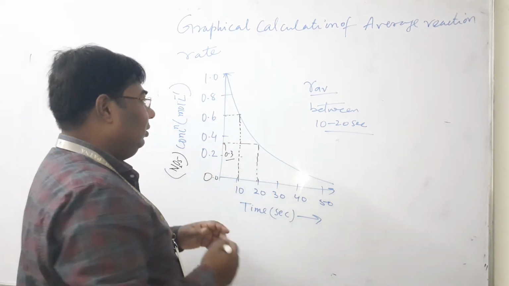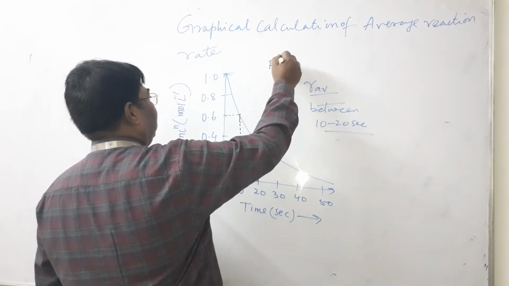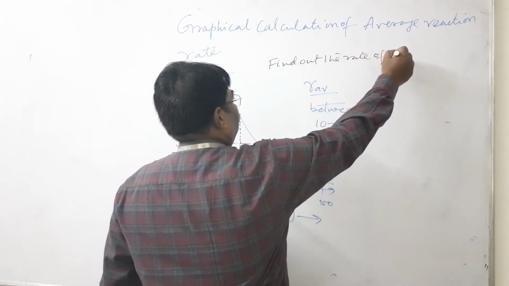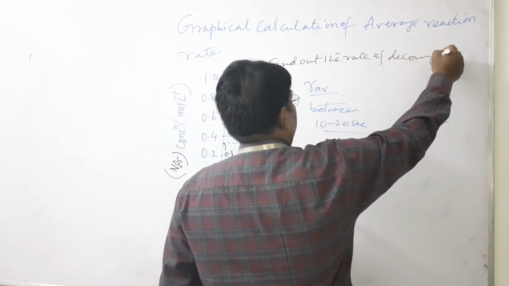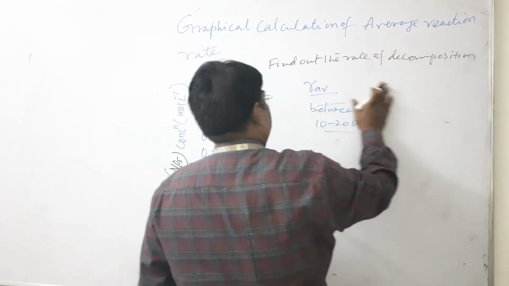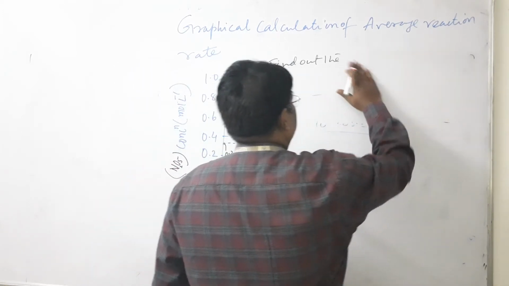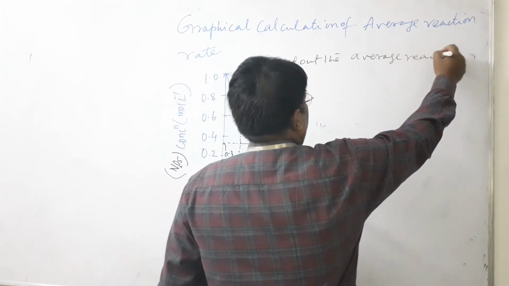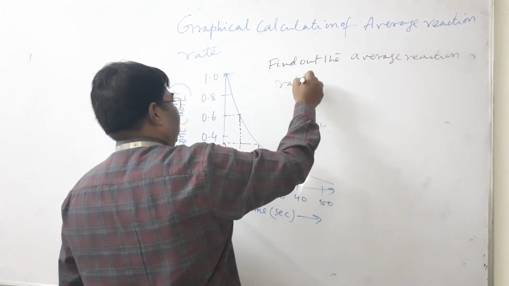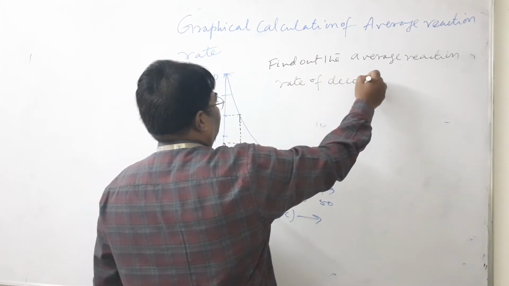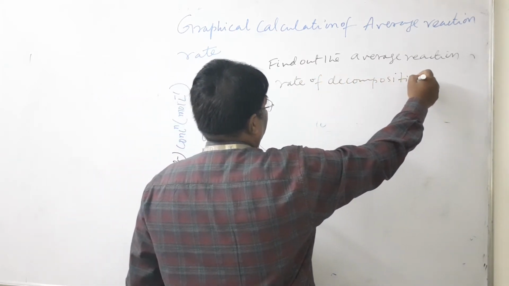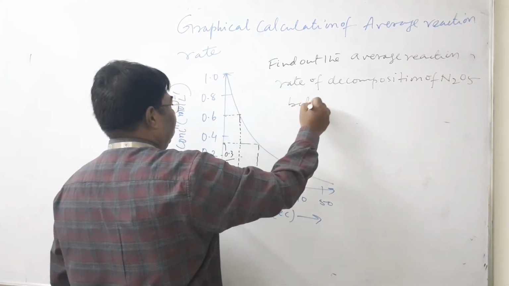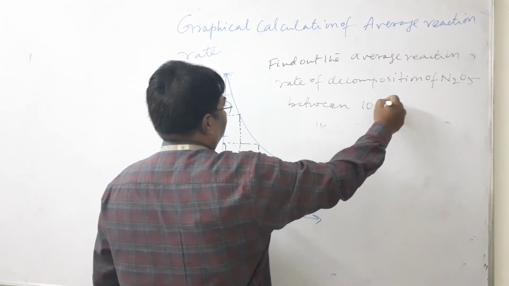Suppose that a question asks you to find out the average reaction rate of decomposition of N2O5 between 10 to 20 seconds.